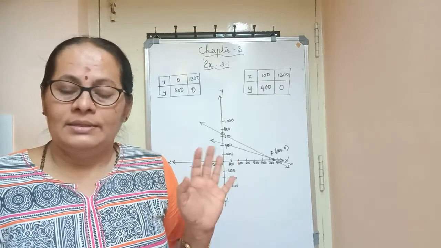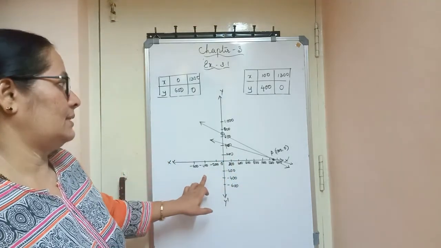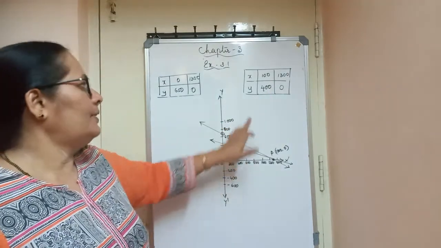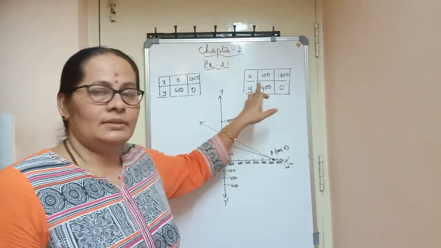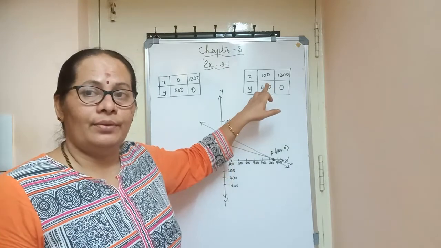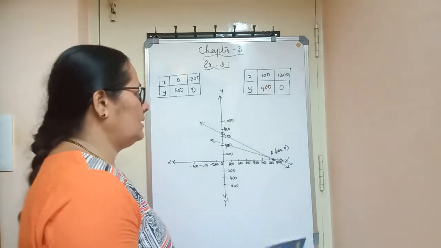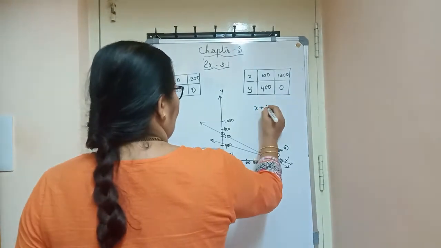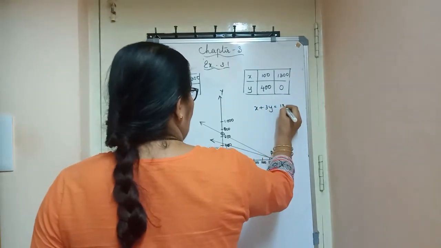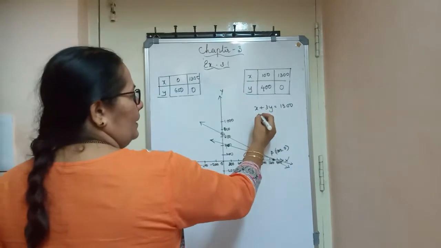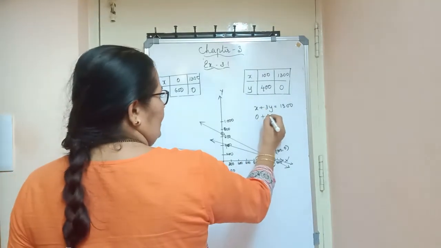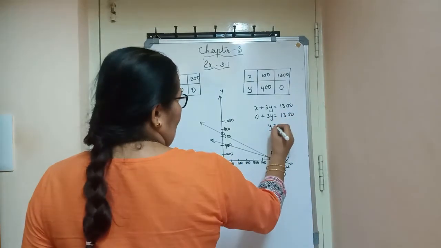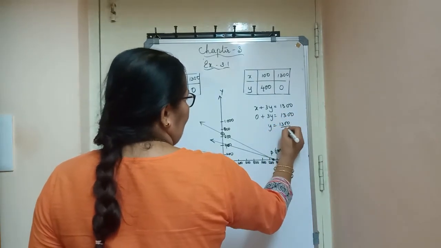That is why see here in this case. So it is not possible. See here, if you take x as 0, what happens? What was the equation here? The equation was x plus 3y equals to 1300. If you take x as 0, 0 plus 3y equals to 1300. Y equals to 1300 by 3.